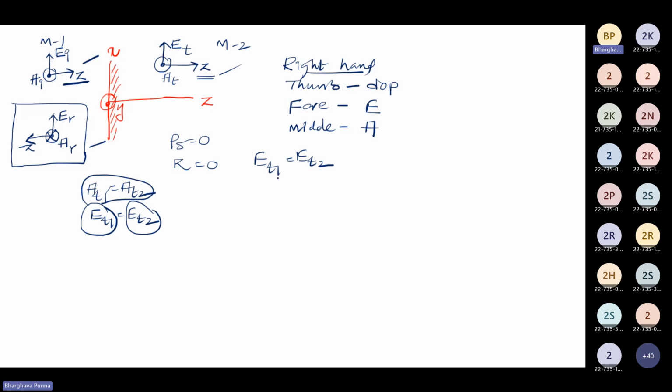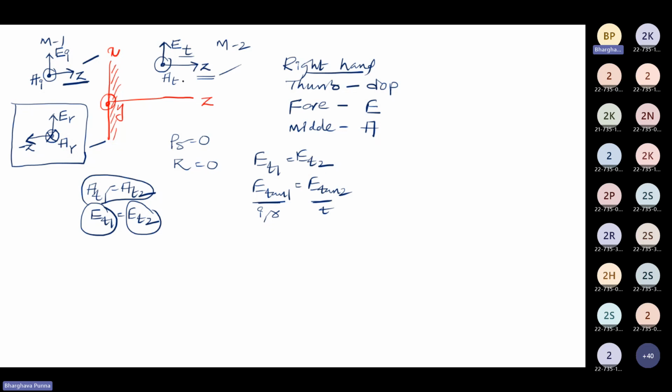You may be confused with this ET, so I will take E tan 1, the tangential component of the electric field in medium 1, and E tan 2, the tangential component of the electric field in medium 2. The first involves two signals, the incident wave and the reflected wave. The second involves only one signal, the transmitted wave. Now, what is meant by tangential components? See the diagram carefully now.